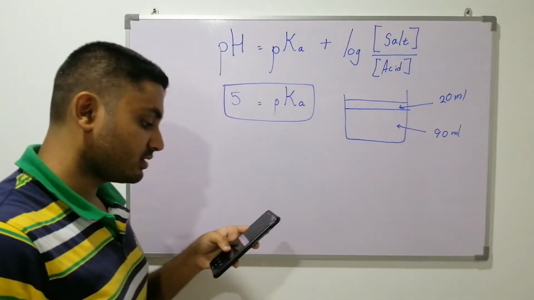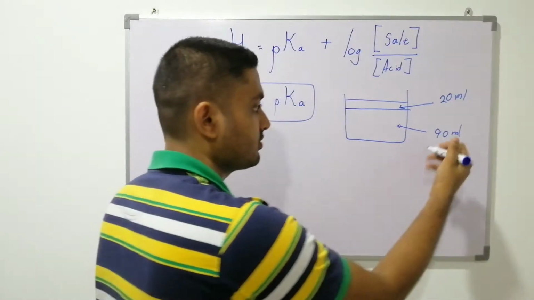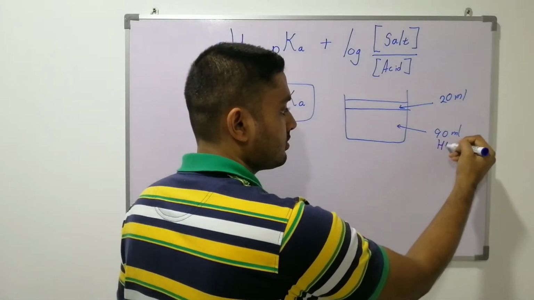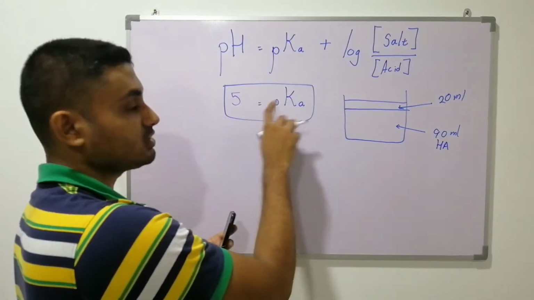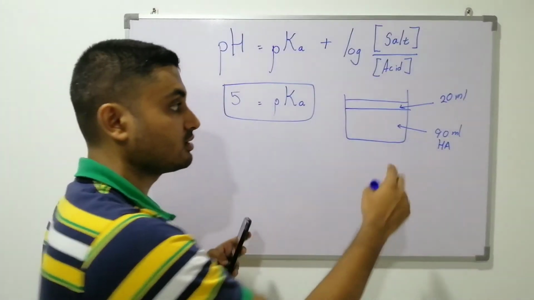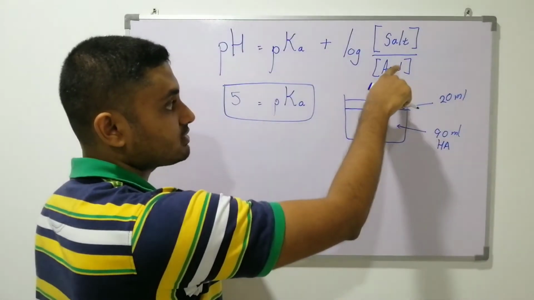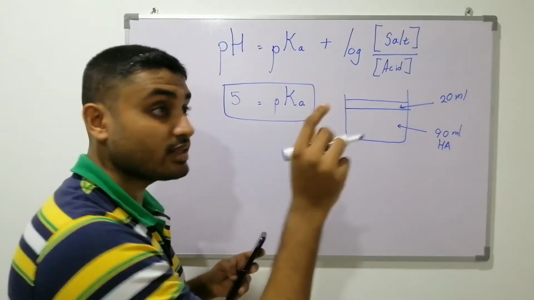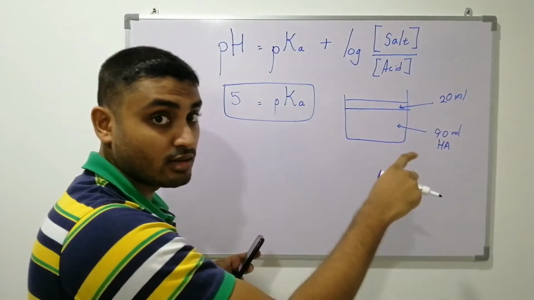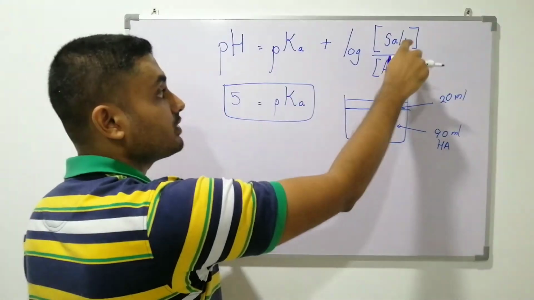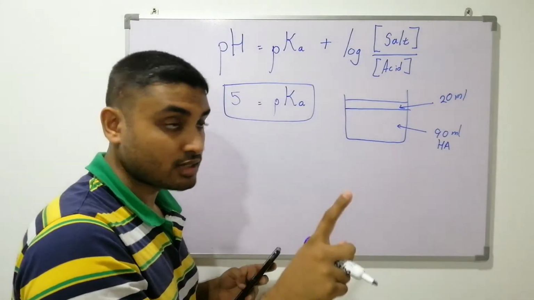What is the 90 milliliters? It is a weak acid solution, let's say HA. Now this 20 milliliters is the buffer. In this buffer, the salt and acid concentrations are equal, so this 20 milliliters contains 10 milliliters of the salt and 10 milliliters of the acid, correct?